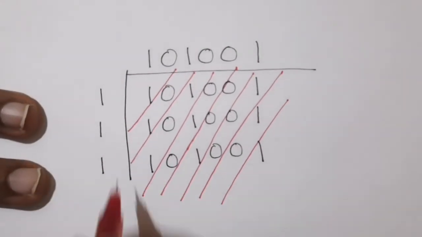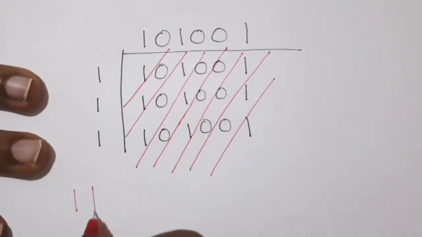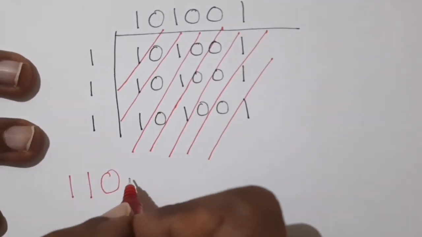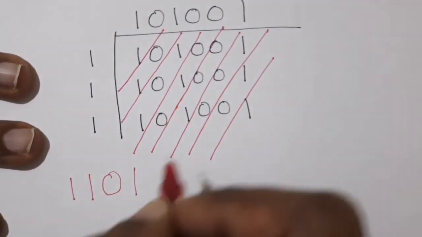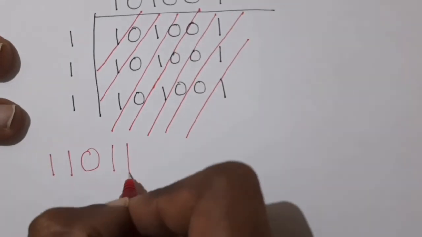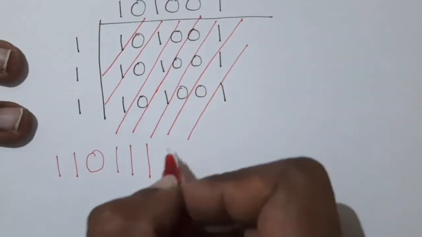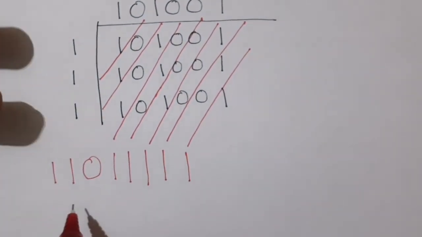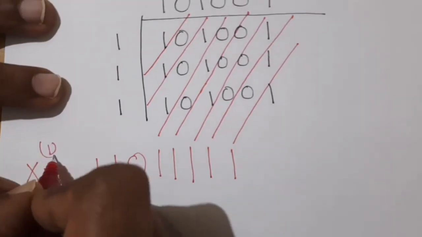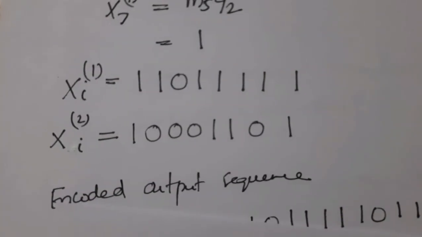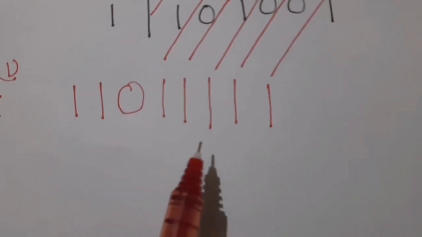Now 1 plus 0, 1, 1 plus 0 plus 1, 0, 0 plus 1, 0, 0 plus 1 plus 0, that is 1, 1 plus 0 plus 0, 1, 0 plus 0 plus 1, 1, 0 plus 1, 1, 1. This is Xi of 1. So this is exactly what you obtained here, 110, 111, 11. So here also you get 110, 111, 11.